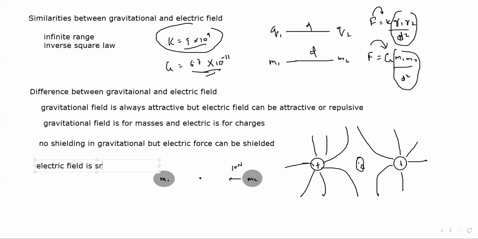So you can simply say the electric field is stronger for unit charges at the same distance compared to unit masses. For example, if you have two objects, each of mass 1 kilogram, separated by some distance, and two unit charges of 1 coulomb separated by the same distance, the electric force will be much stronger as compared to the gravitational force.